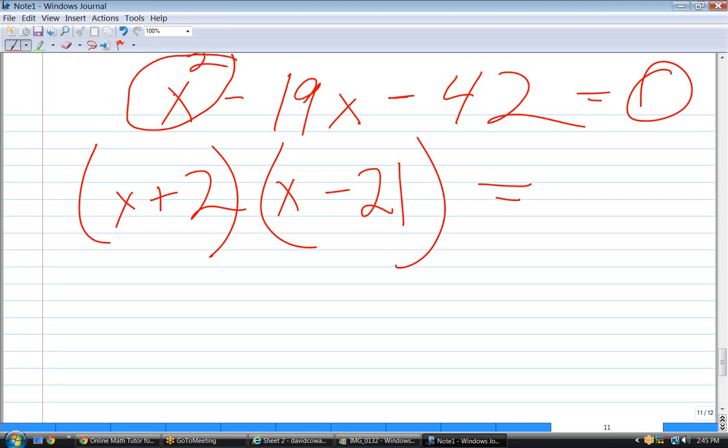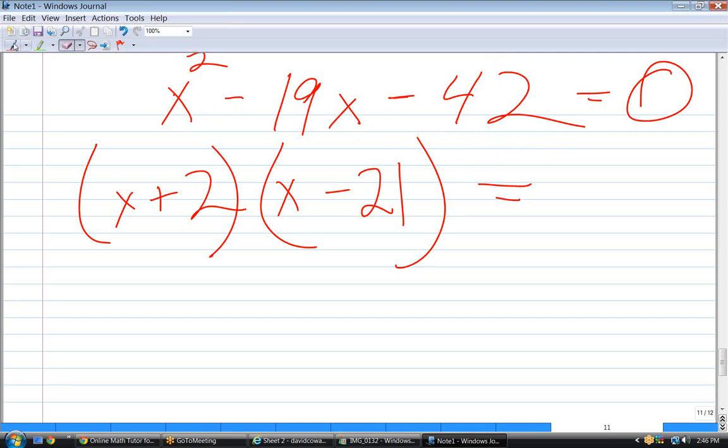I constructed the thing based on the first term. So I know x times x is equal to x squared. I also don't need to check this term. We based our factors on the fact that they were factors of 42. So I know that plus 2 times minus 21 is going to equal minus 42. So there's no need to waste time checking the first and third term.